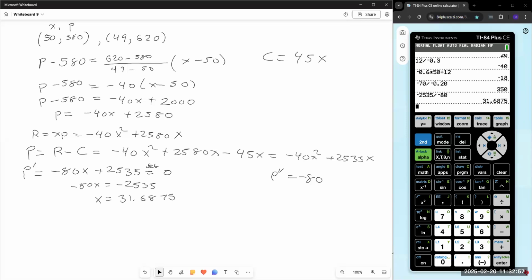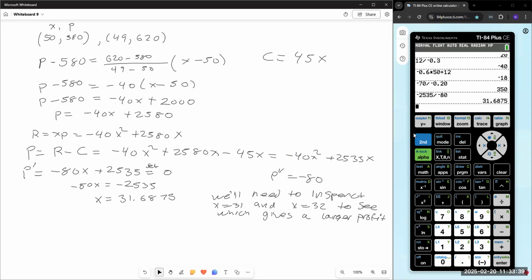So I'm going to have to check out, we'll need to inspect x equals 31 and x equals 32 to see which gives a larger profit. But it has to be one of those answers that's right next to our optimal answer. Just our optimal answer can't actually happen here in real life.